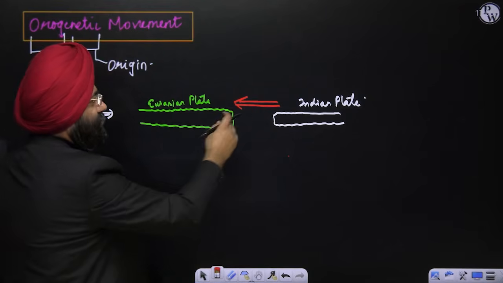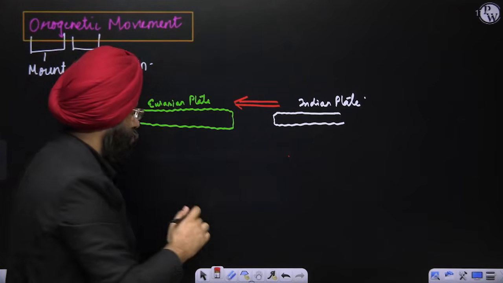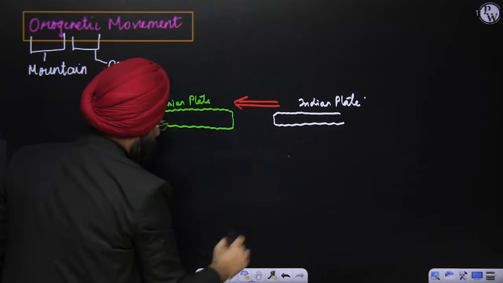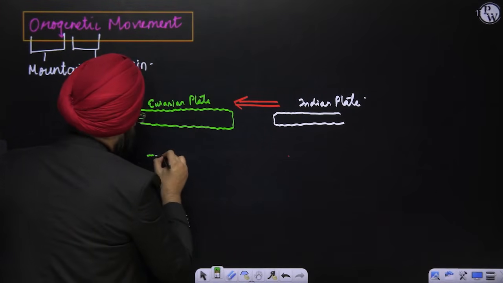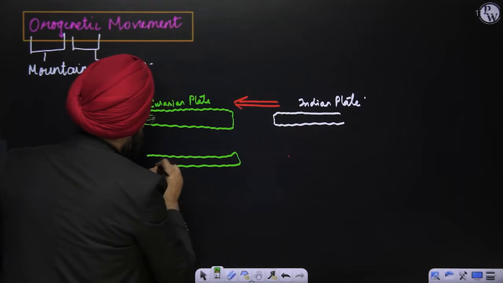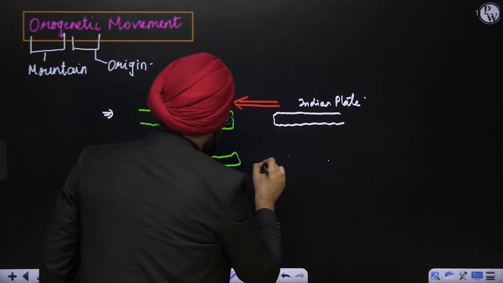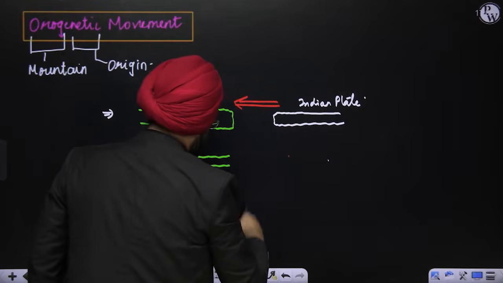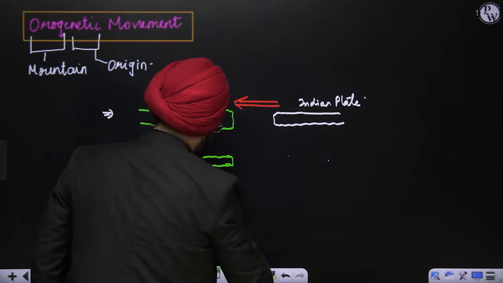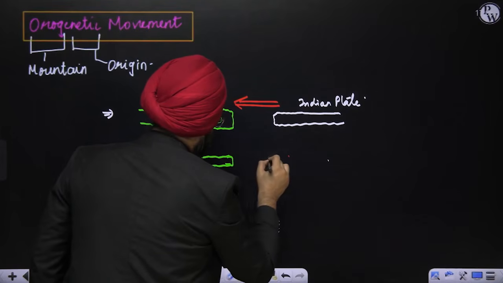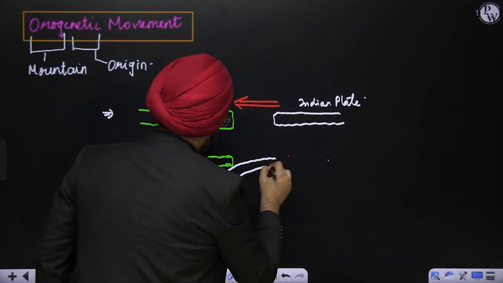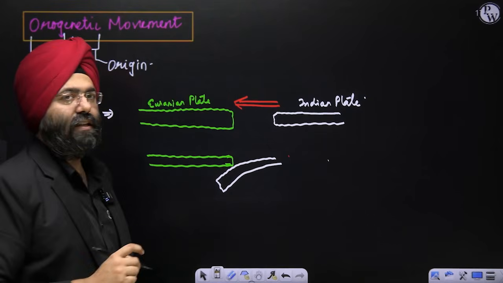So, we had the Tethys Sea also. We will be seeing that also, don't worry. Now, slowly what happens later on, this plate basically subducts under the Eurasian plate.